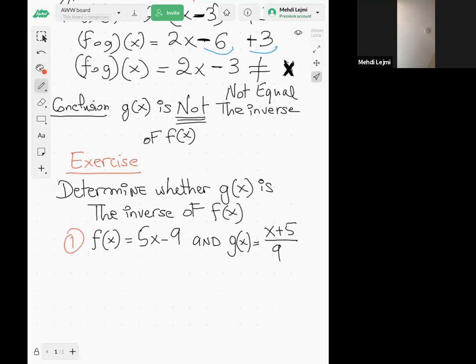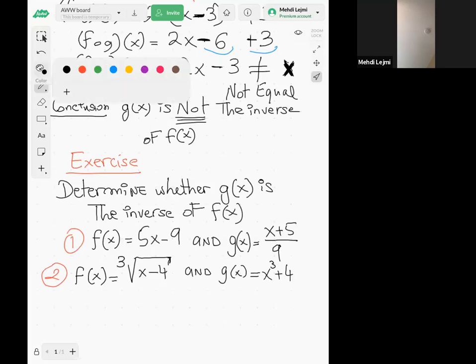Number 2, let's say f of x is the third root of x minus 4, where x minus 4 is under the third root, and g of x is x cubed plus 4.